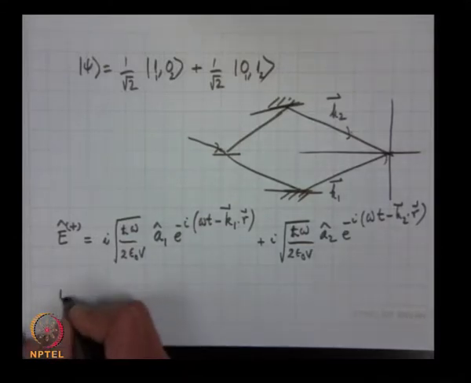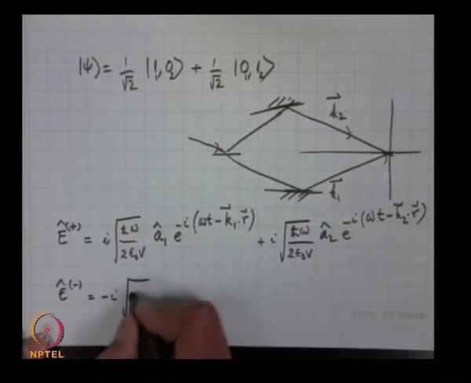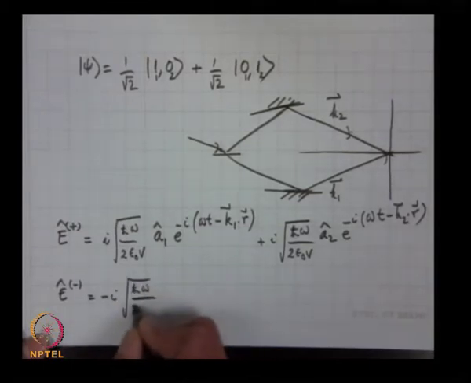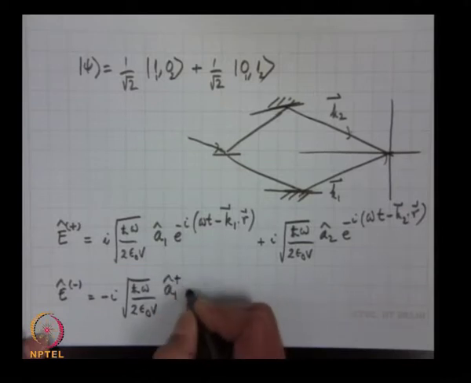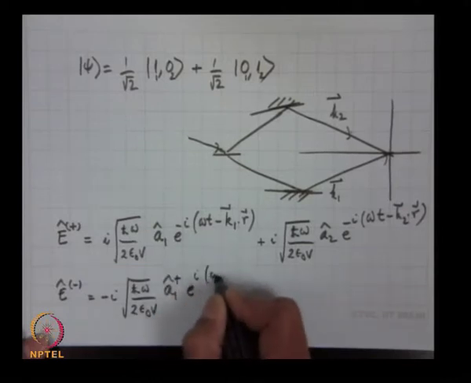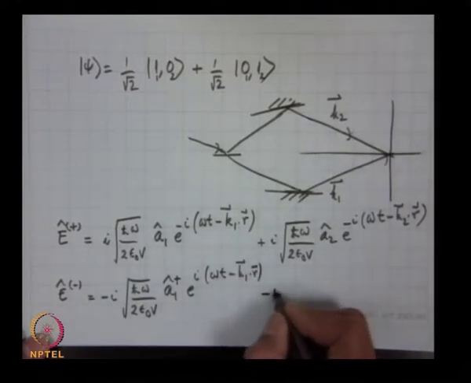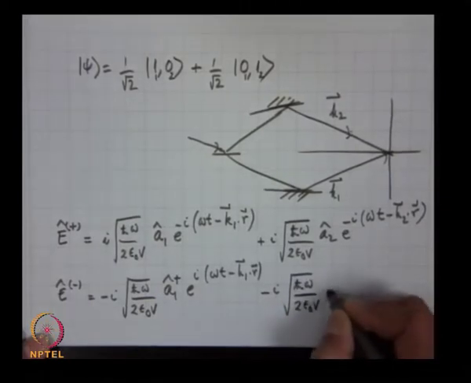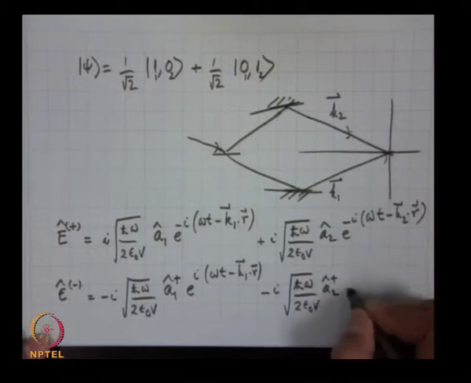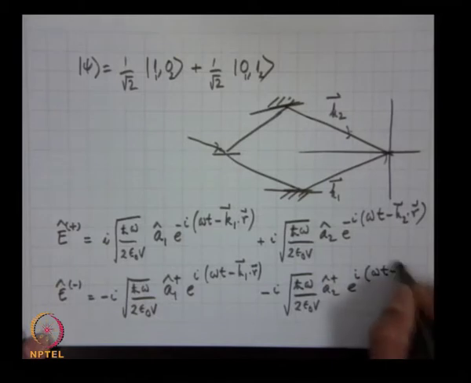E minus will be minus i square root of h cross omega by 2 epsilon 0 V A1 dagger exponential i omega t minus K1 dot R, minus i square root of h cross omega by 2 epsilon 0 V A2 dagger exponential i omega t minus K2 dot R.